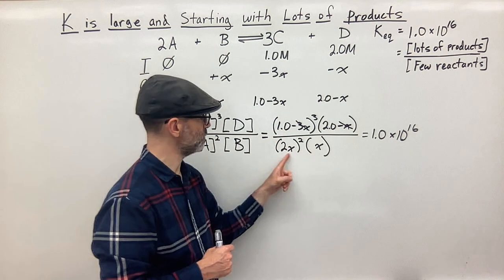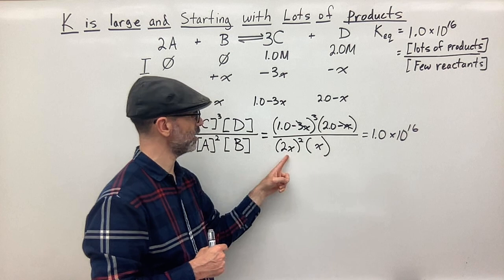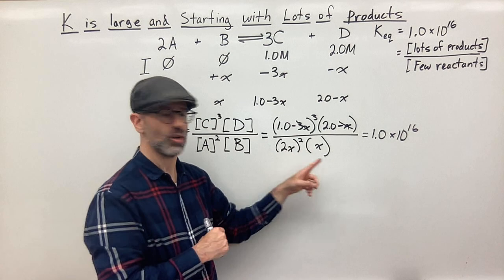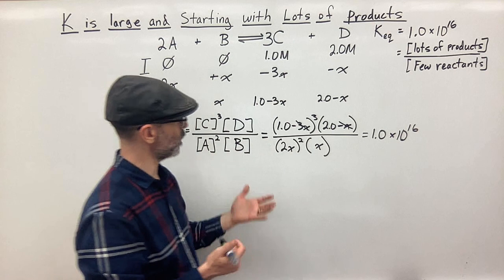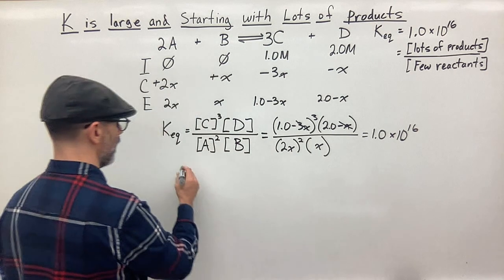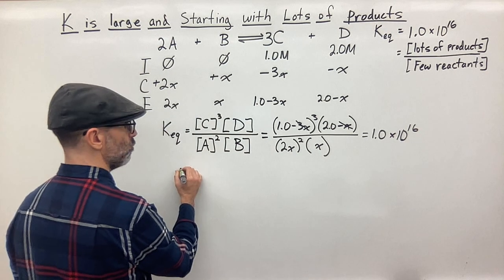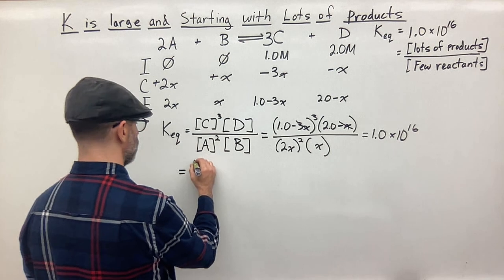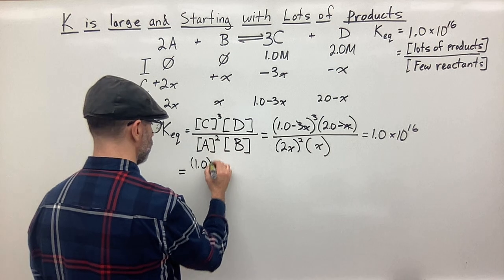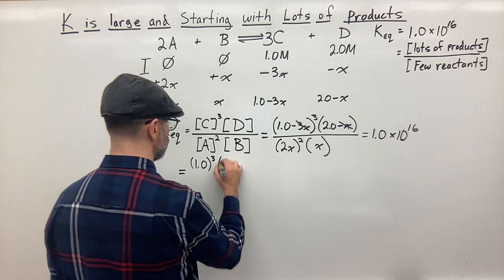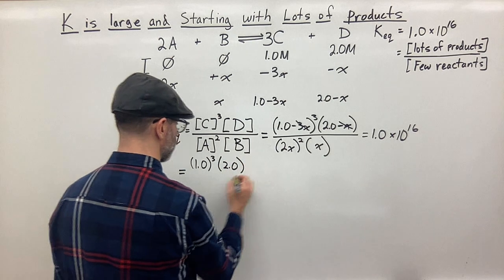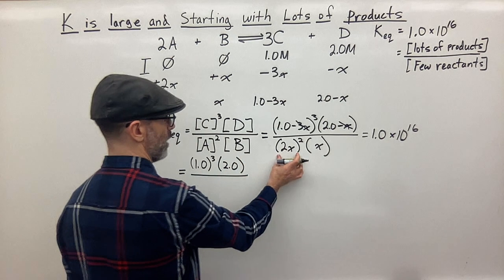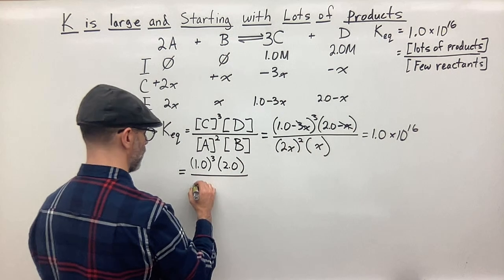Notice here I'm not subtracting x or adding x to anything, so I can't get rid of these x's. So I'm going to keep these x's, and then I'm going to solve for x. So then what it simplifies down to is going to be equal to 1.0 cubed multiplied by 2.0 over 2x squared. I'm going to simplify that.